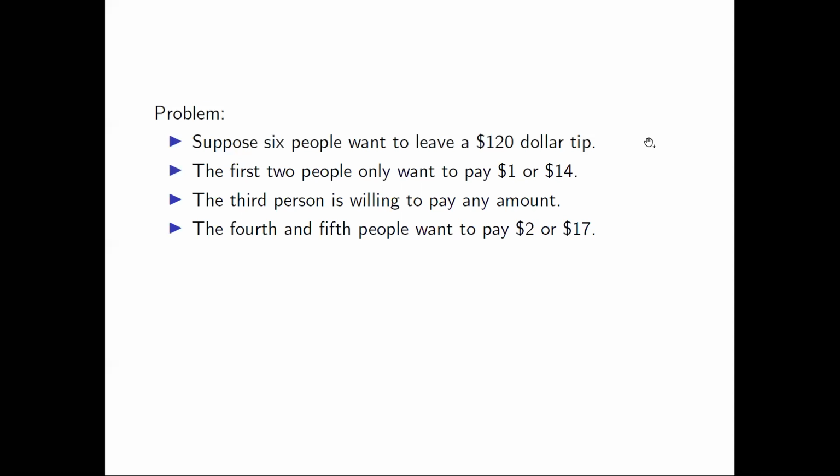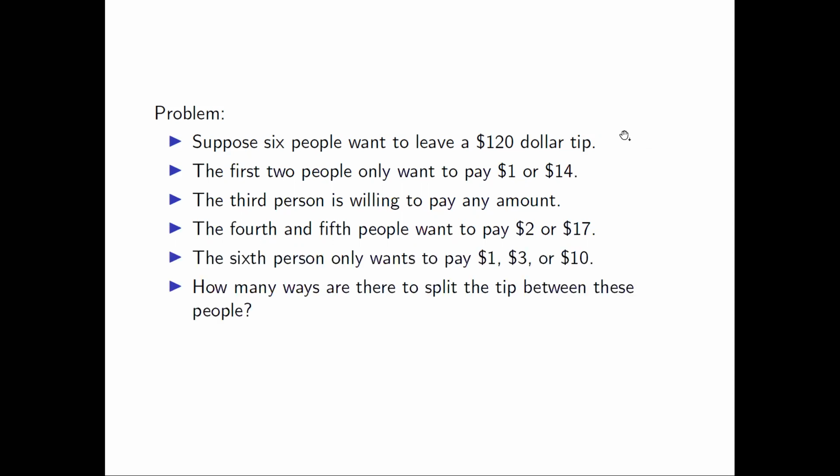The fourth and fifth people are both willing to pay either $2 or $17. And the sixth person is only willing to pay $1, $3, or $10. Same question as the previous problem: how many ways are there to split the tip between these people?